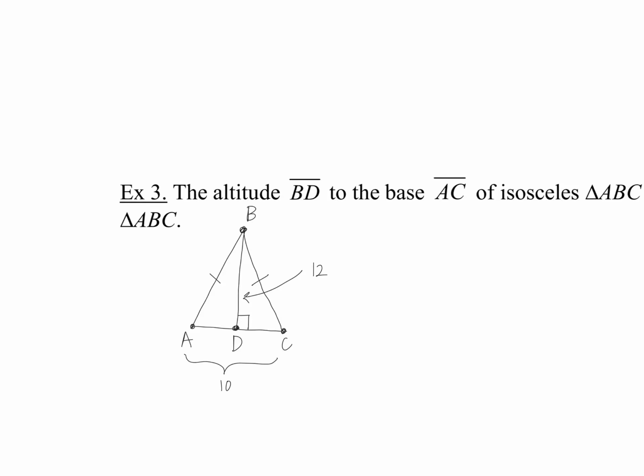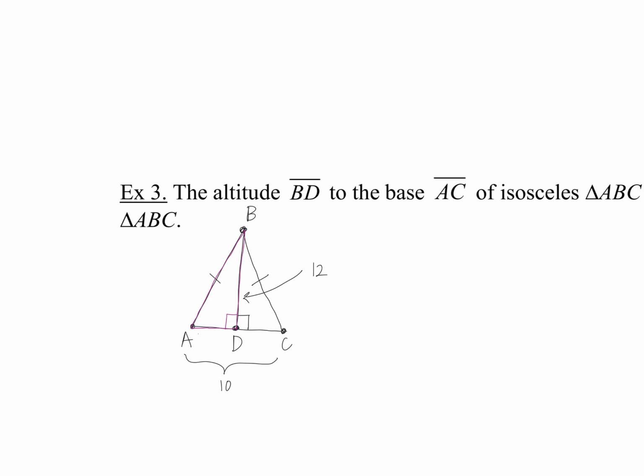Okay, so with that being said, we need to figure out what is this length of my congruent sides here. So we've got AB or BC. And so I'm going to focus on just one side of this isosceles triangle because I noticed that I'm forming a right triangle here. And so we can use the Pythagorean theorem.